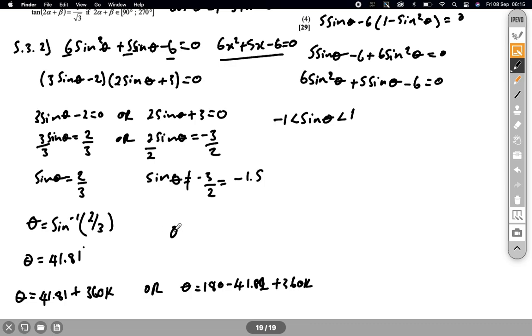It's theta is equal to the reference angle plus 360k, or theta is equal to 180 minus the reference angle plus 360k.